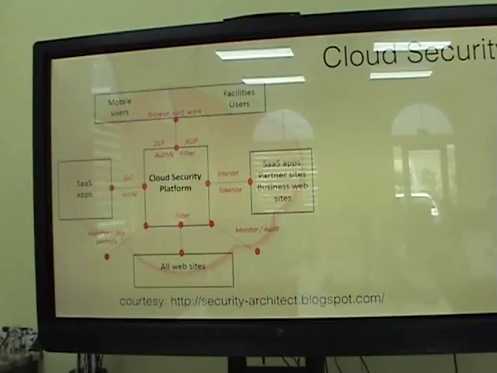So the goal for us is to understand cloud security from a perspective of who it is for, and what the threats and challenges are for the cloud users. Unfortunately, a lot of people don't see the other side of cloud: the cloud providers also have challenges.